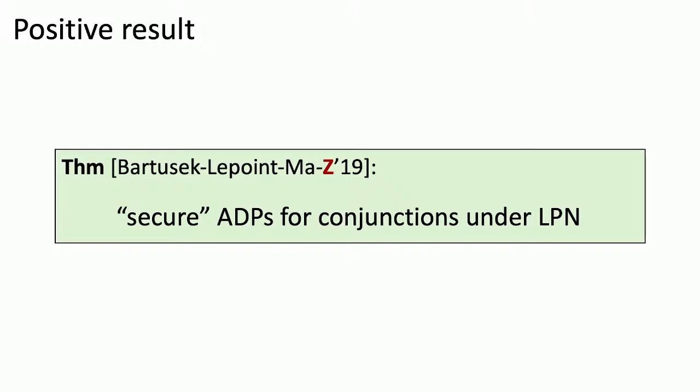Here we were able to prove something that is actually secure under LPN. So maybe for restricted classes of programs, you can do something interesting, and the hope is that with better re-randomization techniques or other techniques, you could make it more secure.